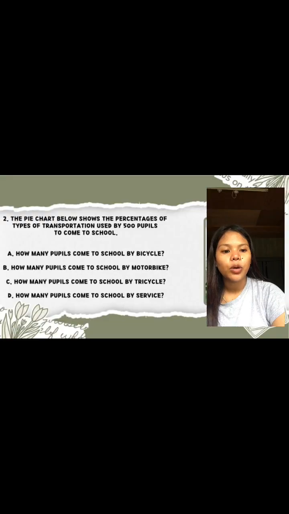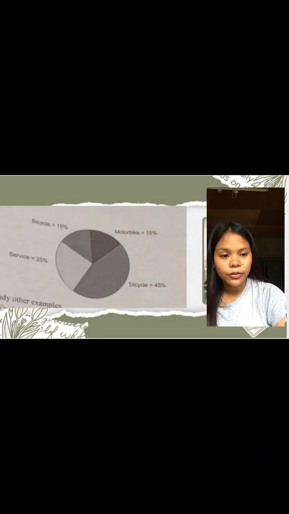C, how many pupils come to school by tricycle? And last, how many pupils come to school by service? There is a pie graph, and the given data are: bicycle 15%, motorcycle 15%, service 25%, and tricycle 45%.